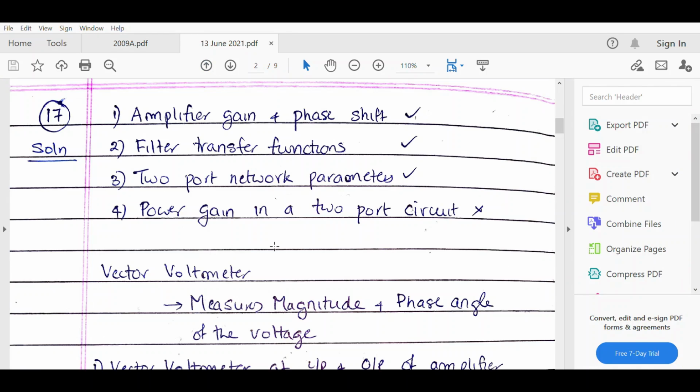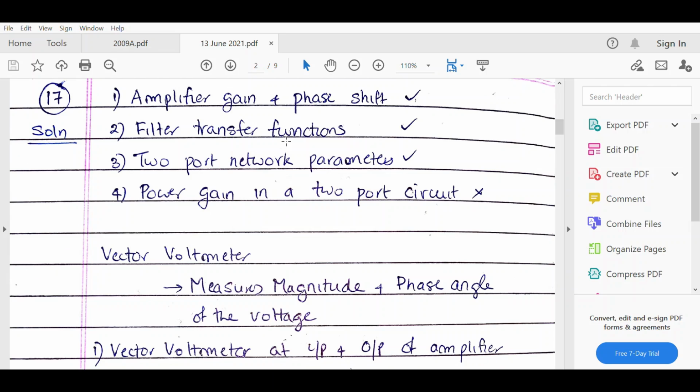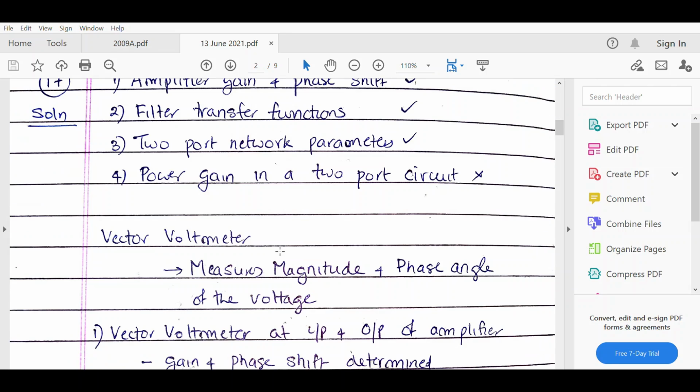Now to find the solution, we will just see the options that are given. We have been given 4 options. A vector voltmeter is a special kind of voltmeter that measures both the magnitude and phase angle of the voltage. A normal voltmeter would measure only the magnitude, but in this case we will get the phase angle also.